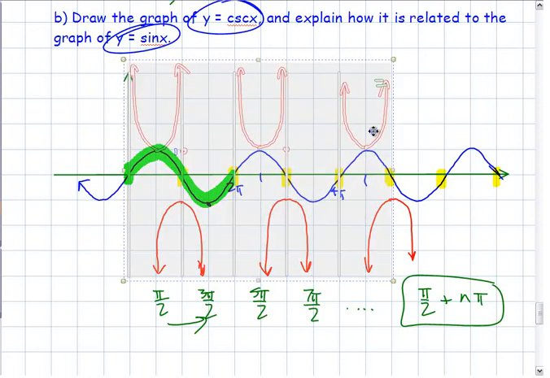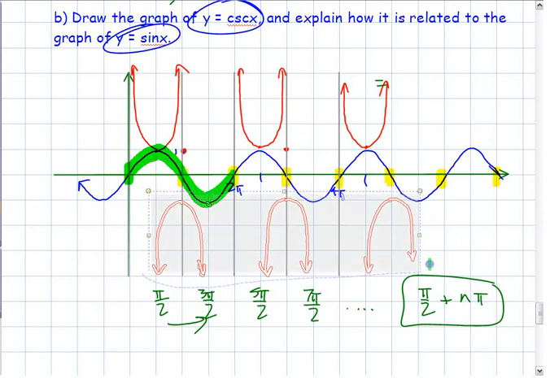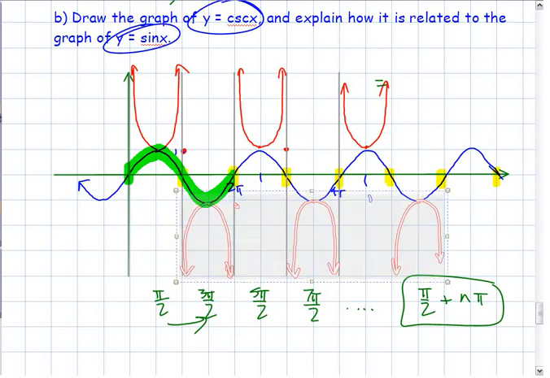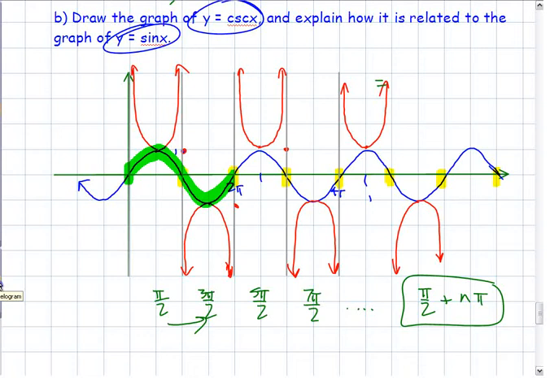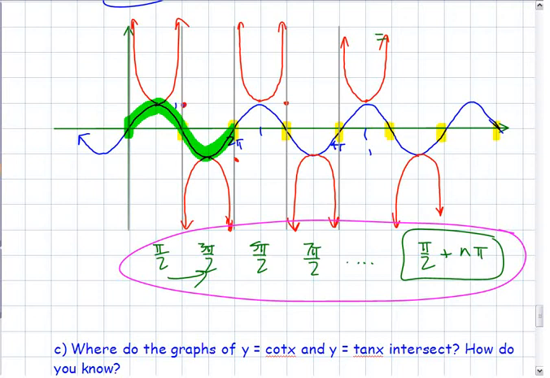Asymptotes are going to be 1 over sine. And then, of course, I missed these ones. Those will be over there too. That graph's going to be exactly the same shape, just in a different spot. The asymptotes for this are actually easier to explain, because the asymptotes for the secant graph were at pi over 2.